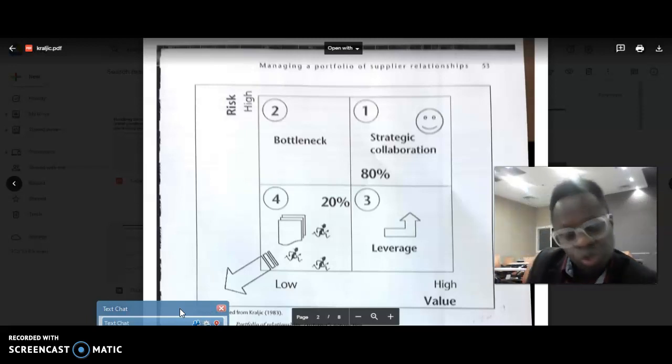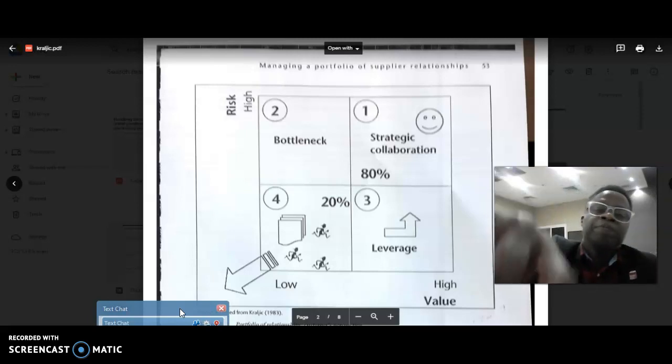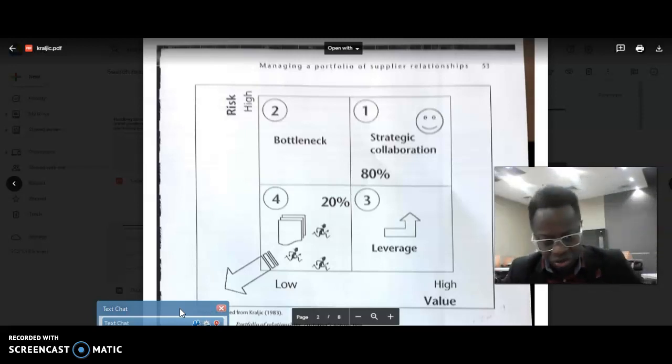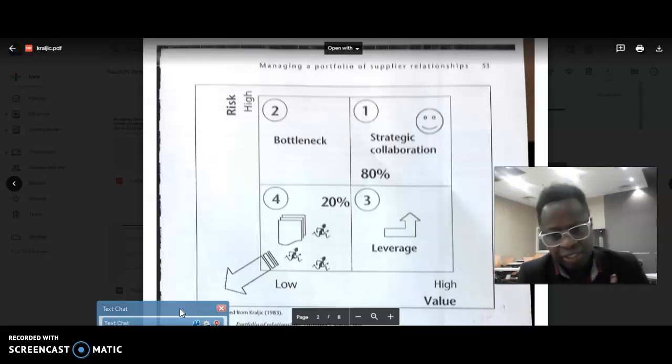Usually your non-strategic or nuisance suppliers, let's say suppliers who are supplying you with consumables, toiletries, and so on, particularly in the case of this company, in terms of value, the value is on the lower end. So FlyCloud is spending less money there with whoever is supplying them with toiletries and consumables.